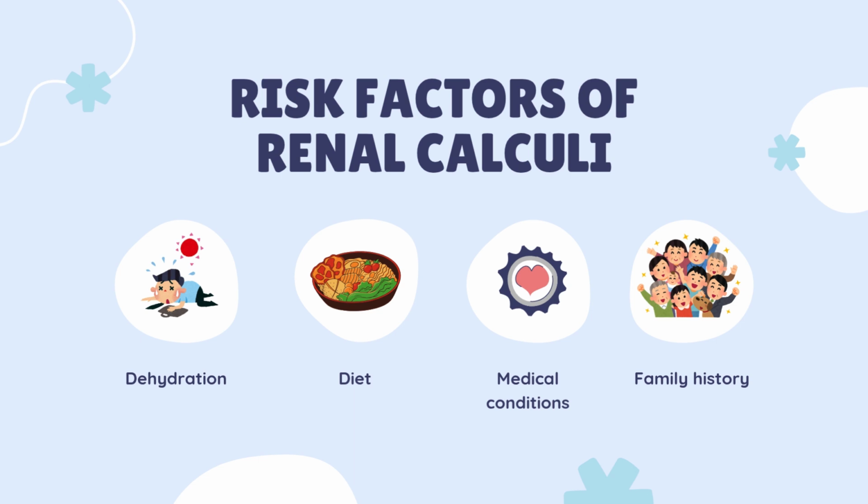In family history, people inherit metabolic abnormalities such as cystinuria, that is, increased cystine in urine, hypercalciuria, that is, increased calcium in urine, and also altered urine pH, which leads to uric acid stone formation. Increased calcium leads to calcium stone formation, and cystine in urine leads to cystine stone formation.